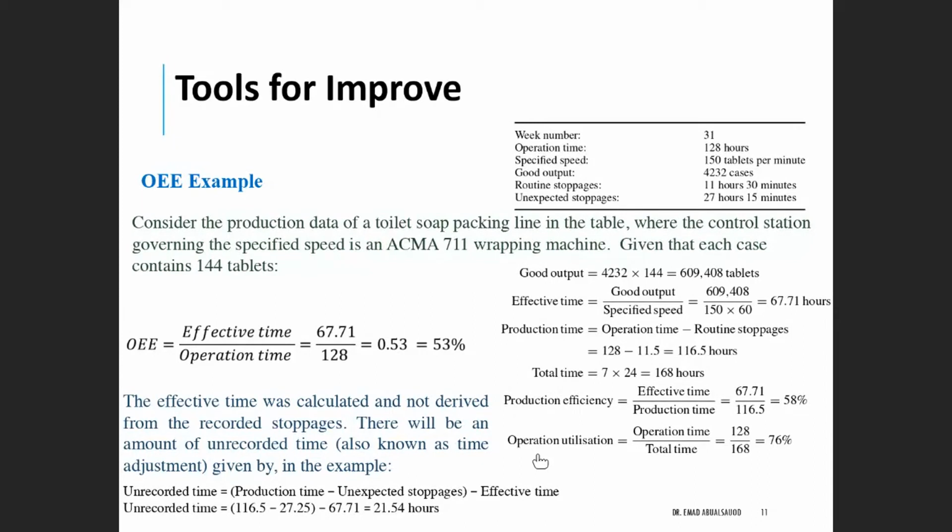Now, all these values we are finding help us highlight where we can improve, where we can focus, and where we can reduce, for example in terms of setup time. Like here, the routine stops are about 11 hours. This is related to the SMED approach.